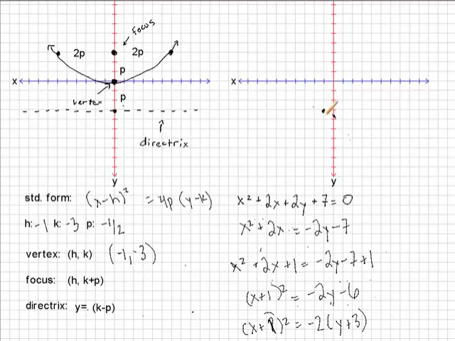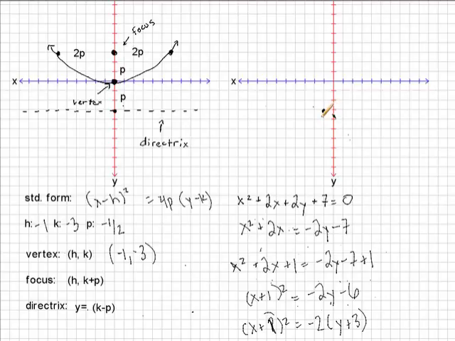I'm then going to go p units either up or down depending on which direction my parabola is opening, and graph my focus. In this case, p is negative, so I'm going to be going down a distance of 1/2, and my focus will be approximately there.